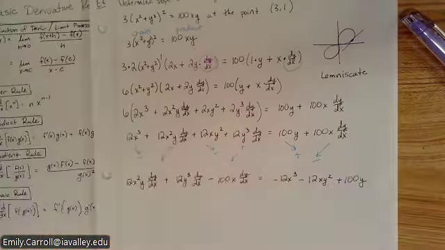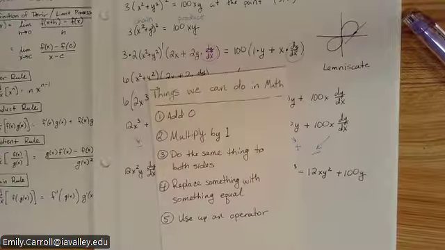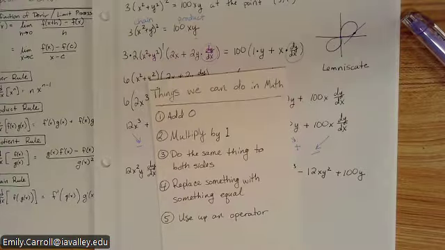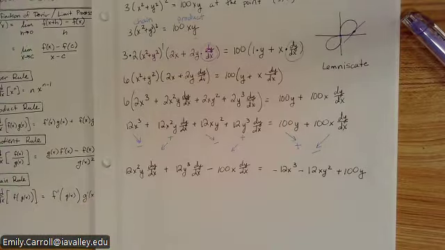Okay, so which mathematical legal move are we doing here? We're doing legal move number 3. Do the same thing to both sides. I just skipped the steps of showing it all out, right? Like I'm subtracting 12x to the third from both sides so that it's gone on the left and it shows up as a negative on the right.